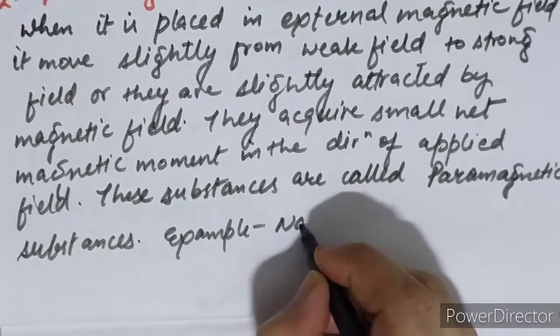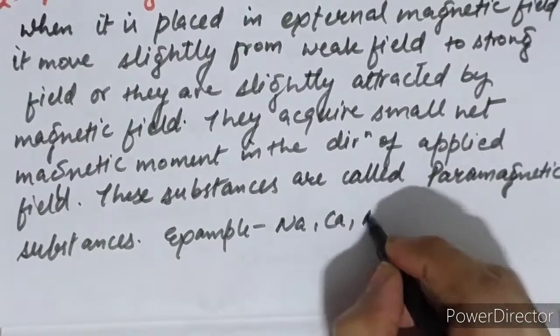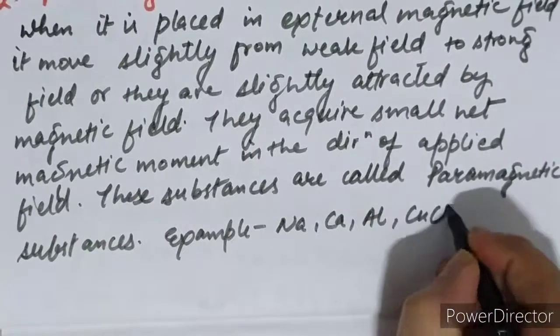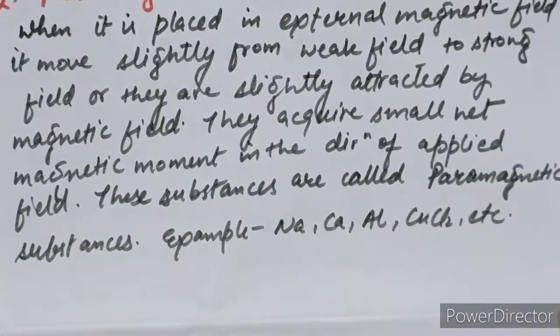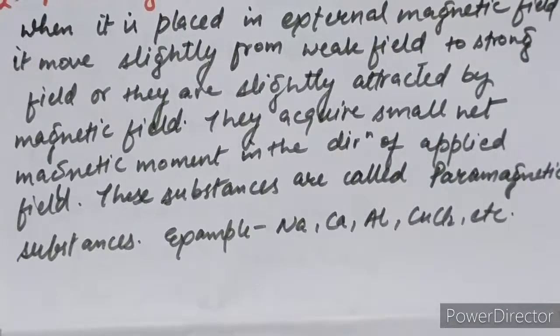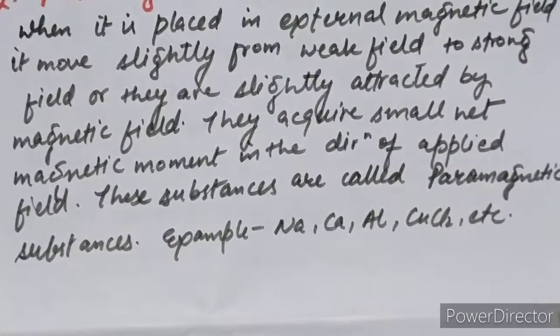Example: sodium, calcium, aluminium, copper chloride, and many more. Such materials are what we can say paramagnetic materials.